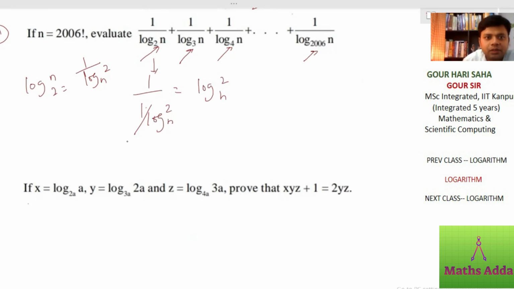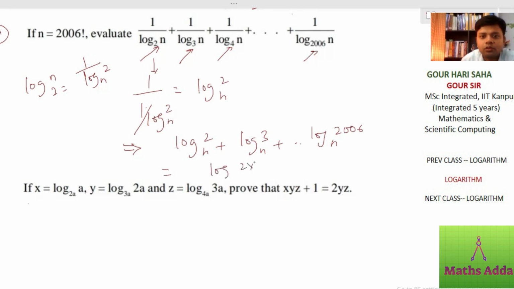So this will simplify to log of 2 base n plus log of 3 base n till log of 2006 base n. This will be equal to log of 2 into 3 till 2006 base n. This is log of 2006 factorial base n.